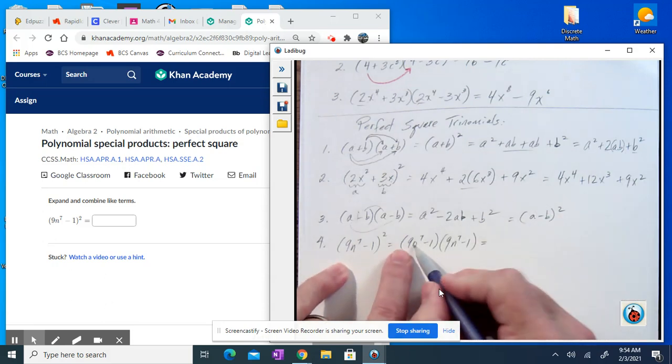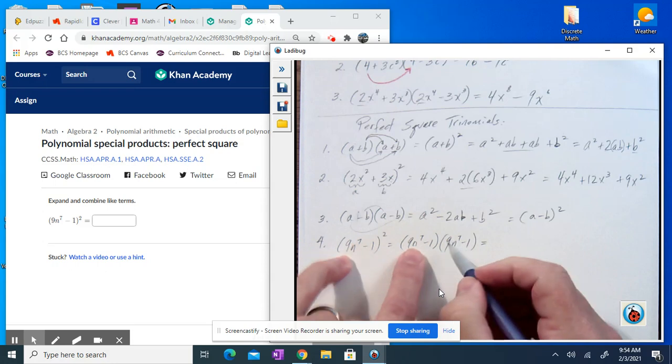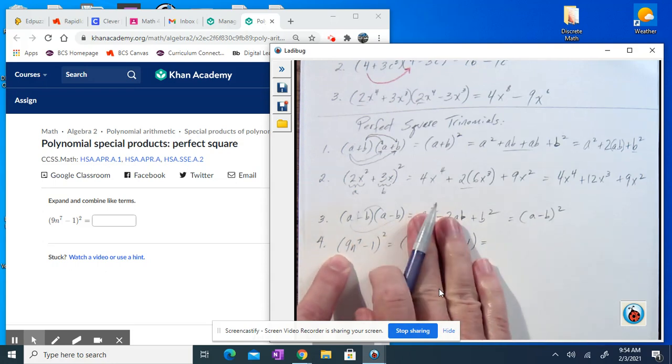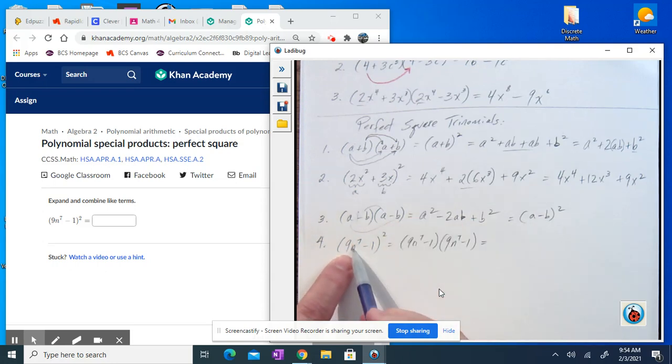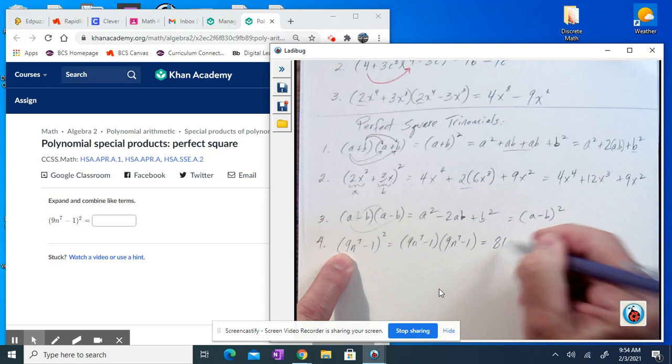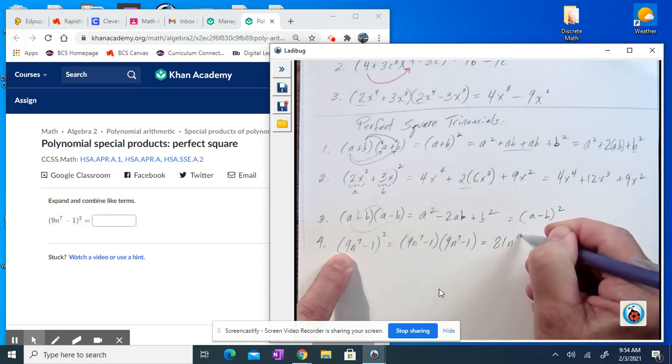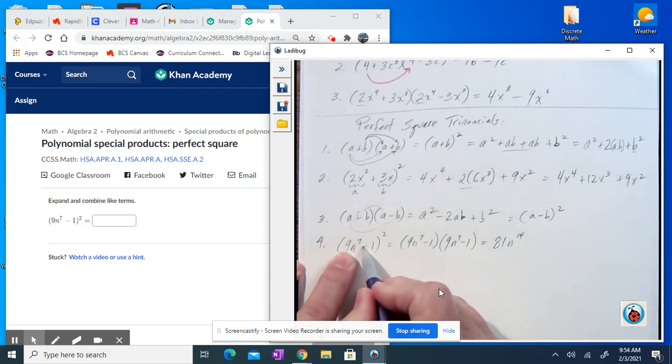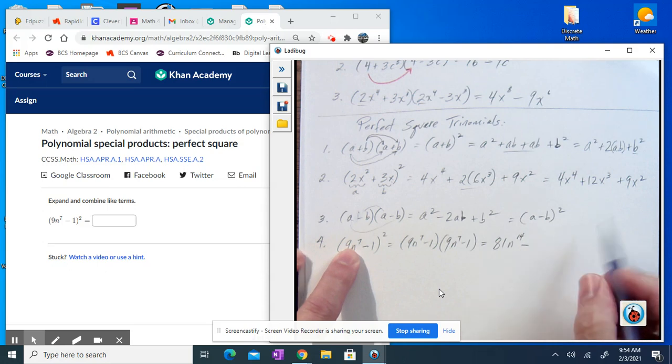So when I multiply these two together, actually I could just take it from here. I don't even need to write this out. This is going to be this times itself, so that's going to be 81 to the 14th. There's a minus sign here, so it's going to be minus something.